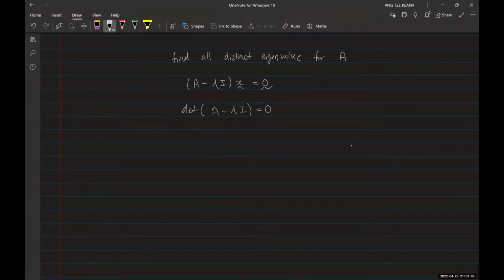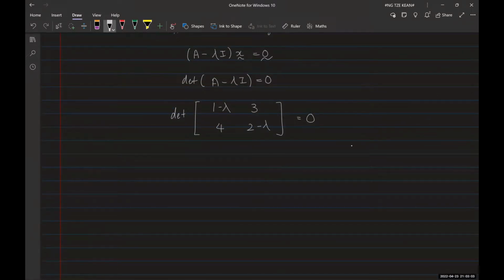Solving for this, we find the determinant of A minus lambda I, which is the matrix with 1 minus lambda, 4, 3, 2 minus lambda.